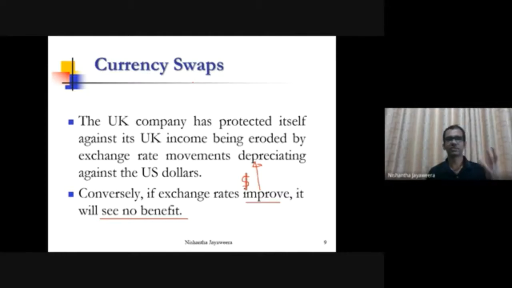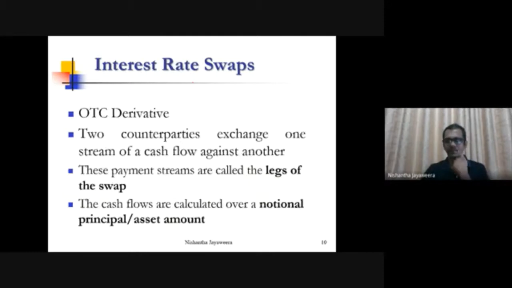Forwards, cross currency swaps, all those things fall into the forward commitment category. Options fall into the other category. That means it's a contingent event. Any question?